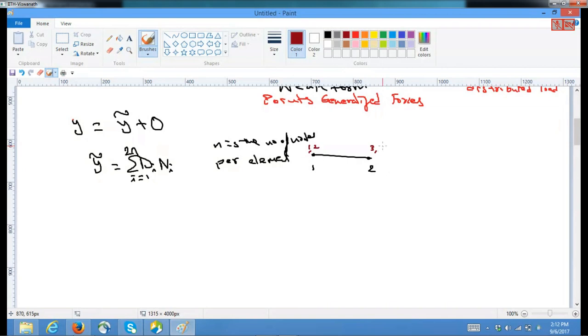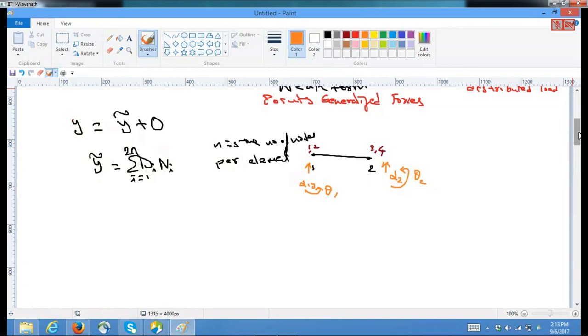which are nothing but our d1, theta 1, d2, and theta 2. That is our 4 degrees of freedom, which I sometimes would have called di, theta i, dj, theta j.